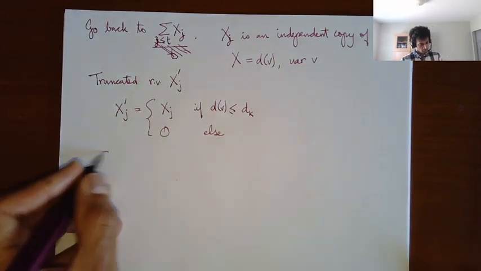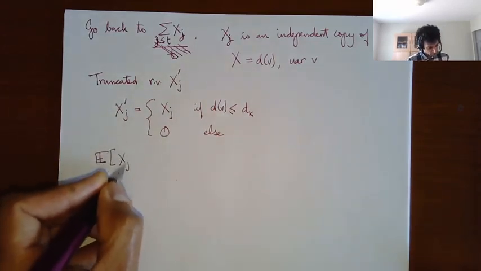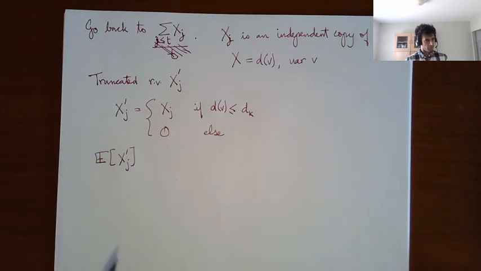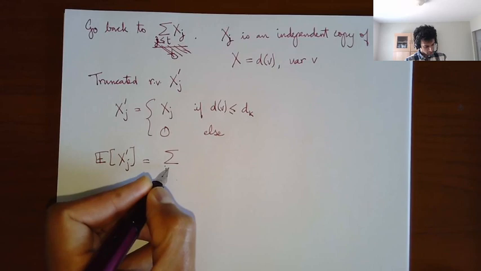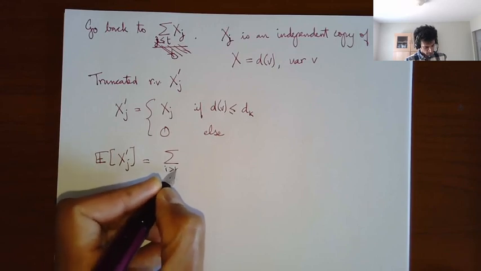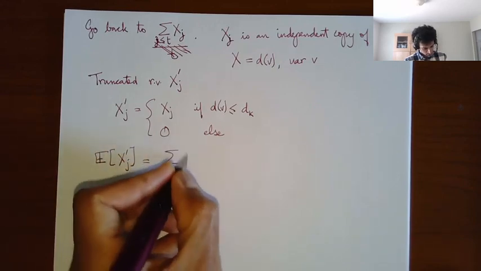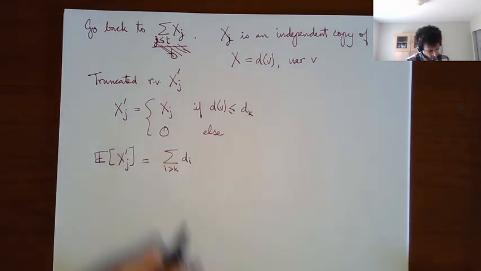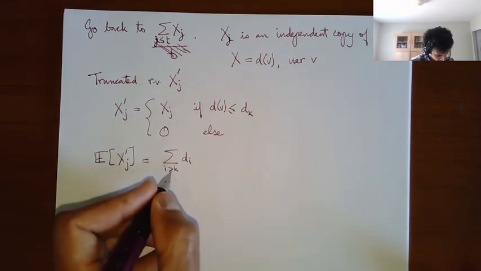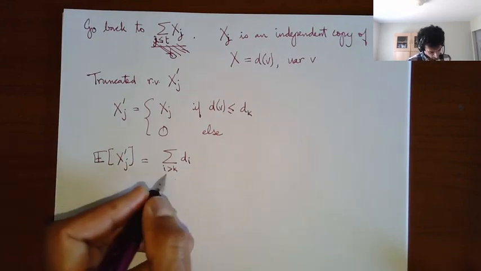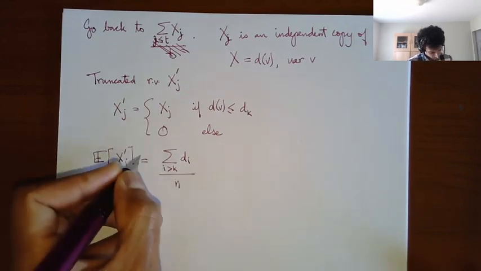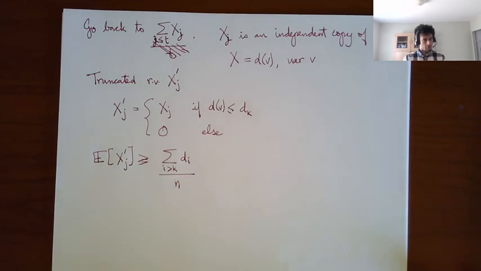Okay, so the expectation of x_j prime is going to be at least the summation over i greater than k, technically at least this quantity.